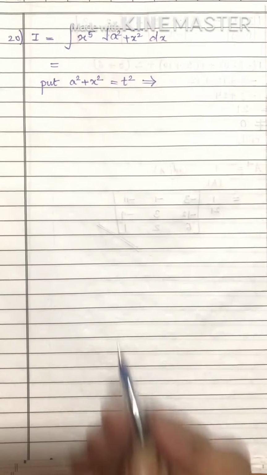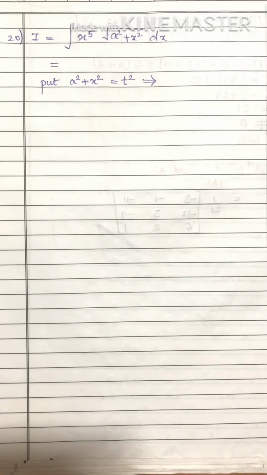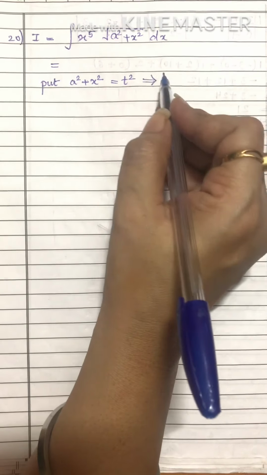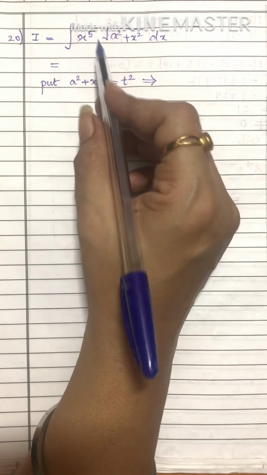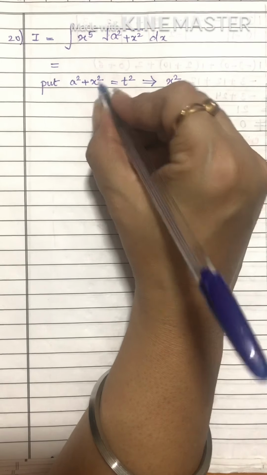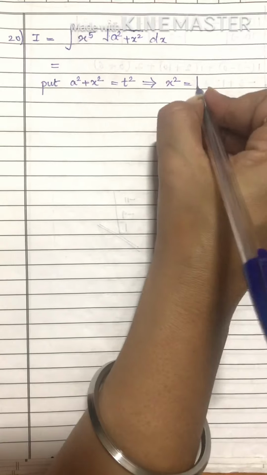From this we will solve further, because on differentiating we are not getting x raised to 5 here, so we'll have to split this somehow so that the purpose of differentiating is satisfied and the sum can be solved further.